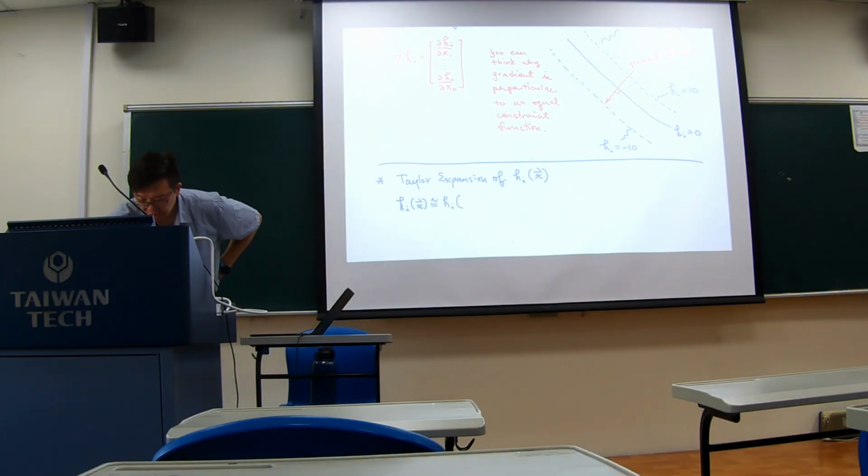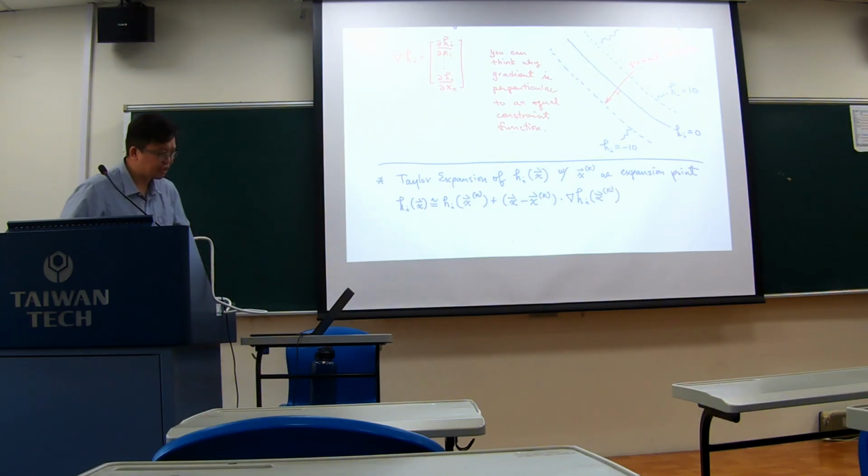So the Taylor expansion of hi will look like, expansion point. So let's use xk as expansion point. Okay, so here will be xk plus x minus xk dot the gradient of hi xk.